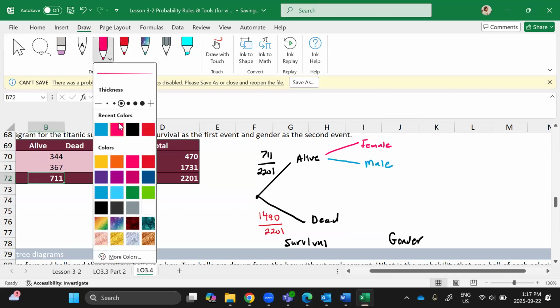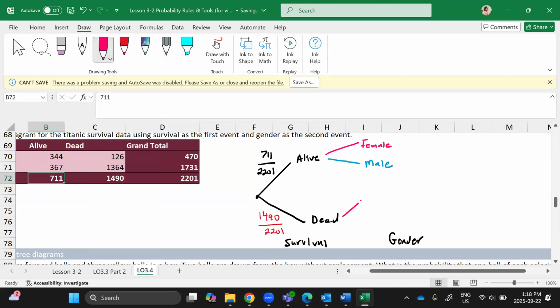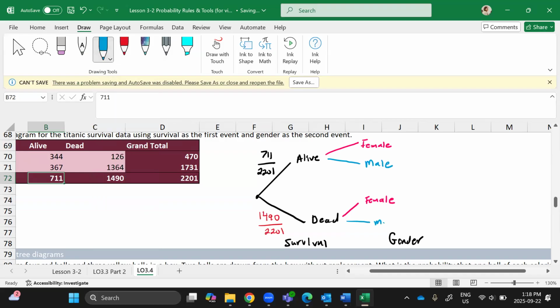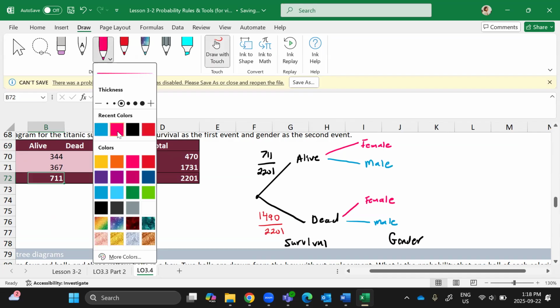And the same thing for dead. You have two options for genders still, female and male. For these branches, for the probabilities, we use the conditional probability.